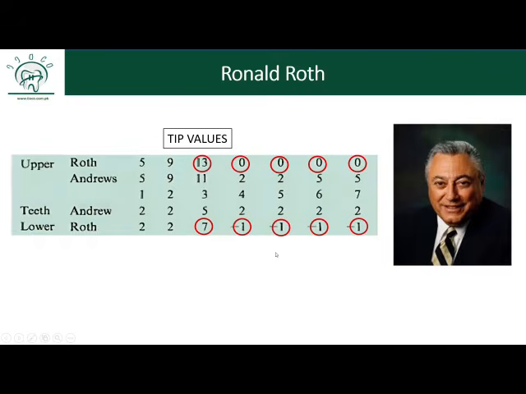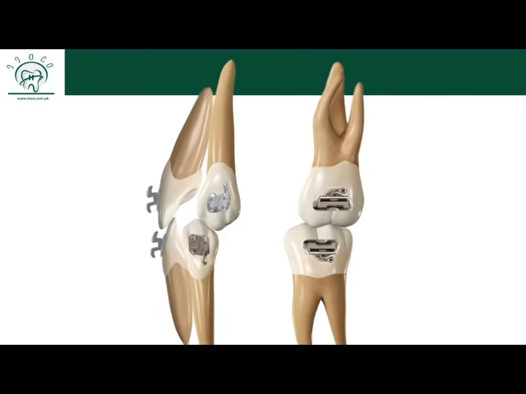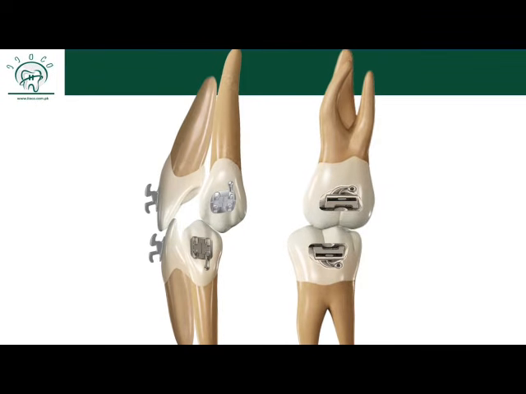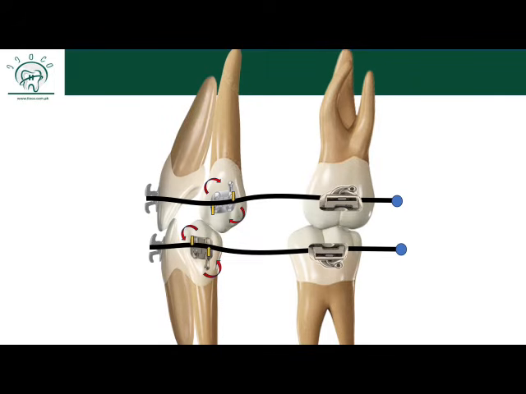Now try to understand why he changed the tip values of premolars and molars in upper and lower arches both. As we discussed earlier, Andrews kept the tip values of upper and lower canines on the higher side, and the reason was that he wanted to achieve bodily movement of the canine while retraction. When you insert the wire into the canine brackets, definitely you may expect some mesial movement of the crowns because of the couple production in the brackets.